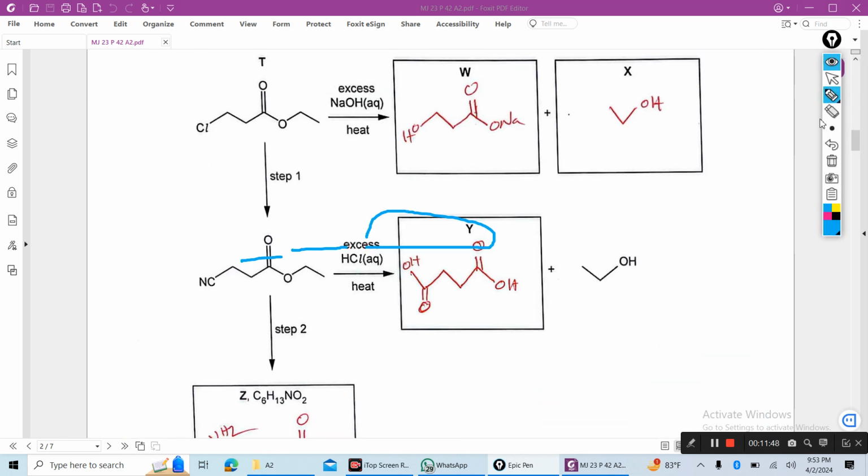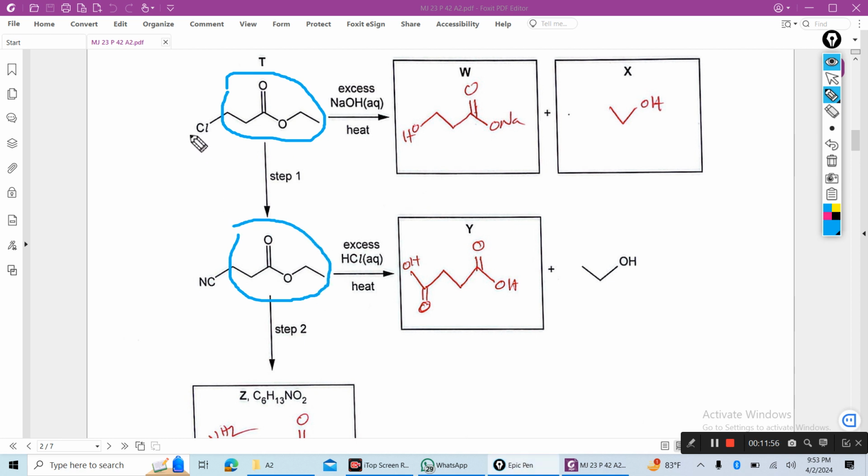This remains the same, only the haloalkane is converted to a nitrile compound, a cyanide compound. So the reagent will be potassium cyanide, dissolved in ethanol. Condition will be dissolved in ethanol.